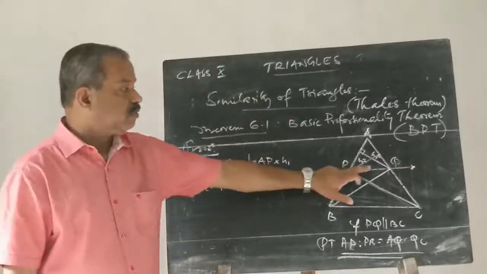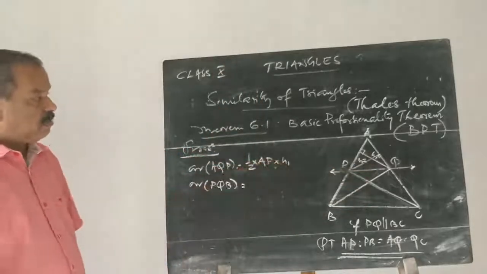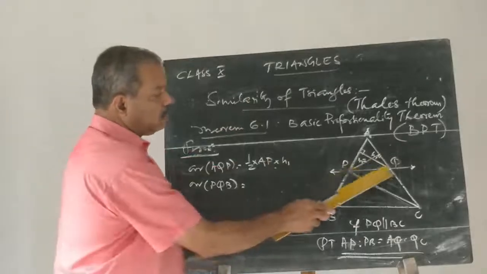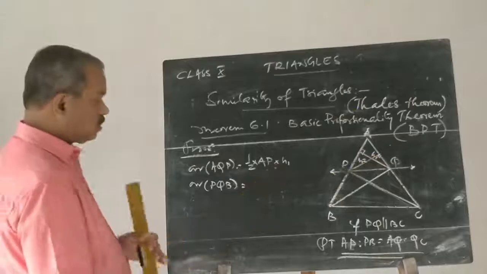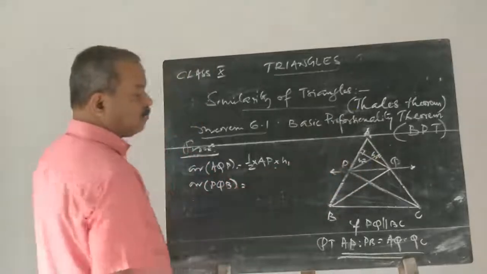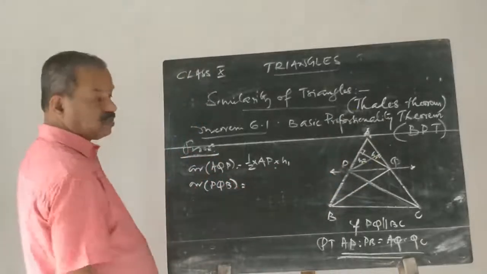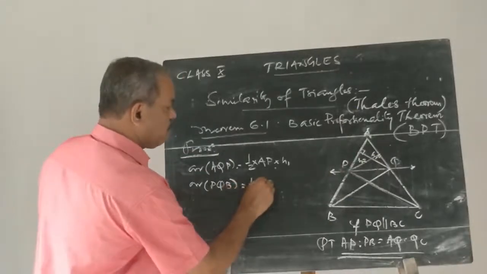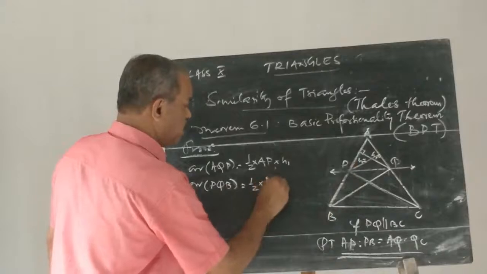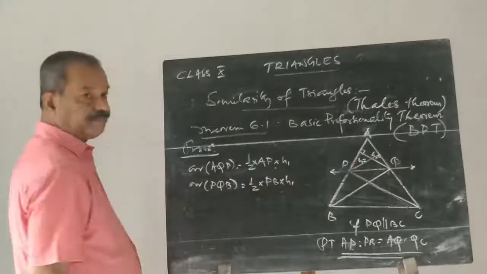Which is the altitude of triangle PQB? Same, this H1, the line whose height measure is H1. So area of triangle PQB equals half into base PB into H1.